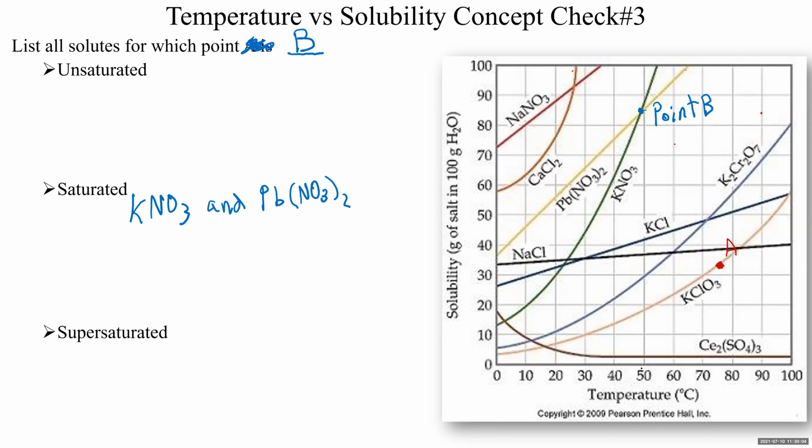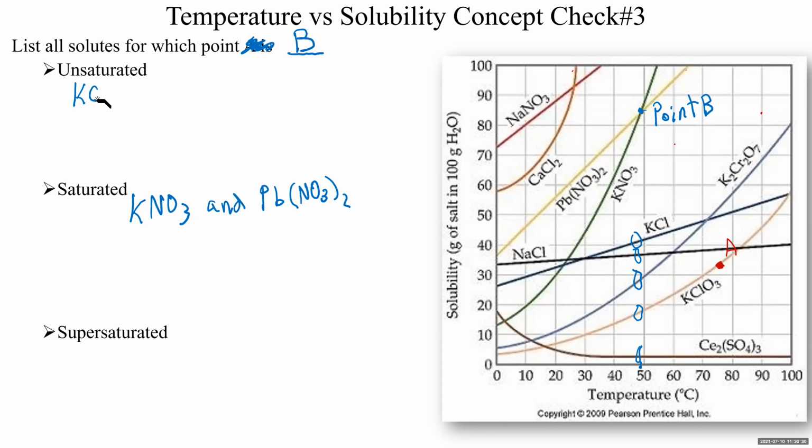Now, which solutes are unsaturated? At 49 degrees Celsius, right before the 50 line, we have cerium sulfate, of course. We have all these other graphs, which at 49 degrees lie below point B. So KCl is going to be unsaturated at that level. No, wait. Oh, I'm sorry. Wait, I've got this backwards. Excuse me.